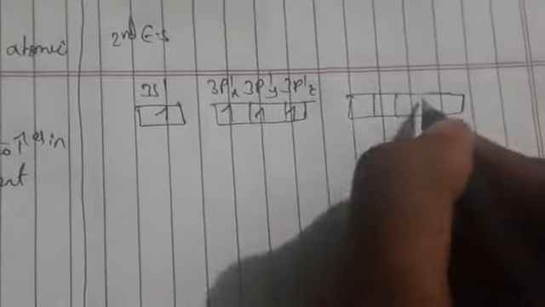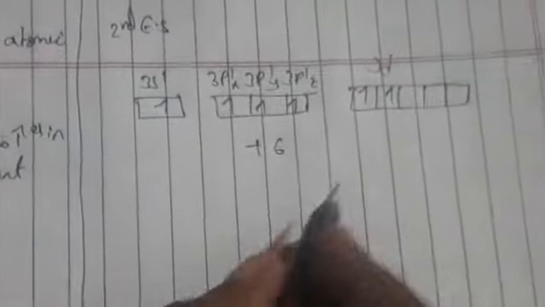So coming to here, the 3d orbitals, 1 2 3 4 5. So this is 3d2. So how many electrons do we have in total? +6 oxidation state. So this is the way to write the oxidation state. By this we can say, in the second excited state, sulfur has 6 partially filled orbitals. So it will make bonds with 6 members. Okay, 6 bonds. So that's why it is giving +2, +4, +6.